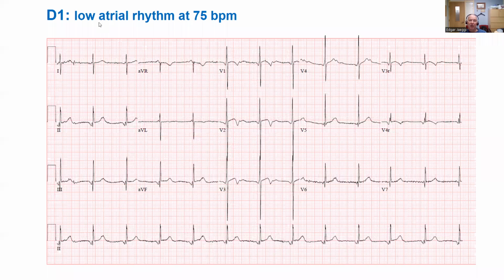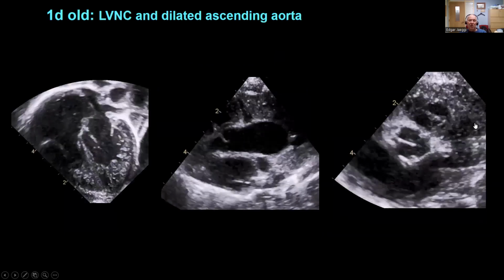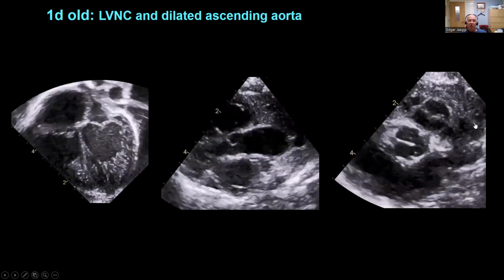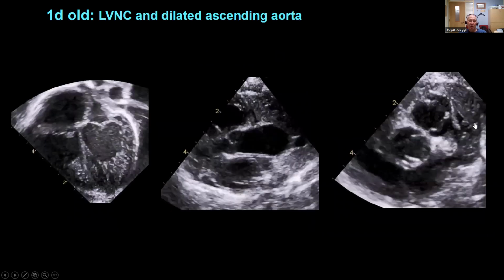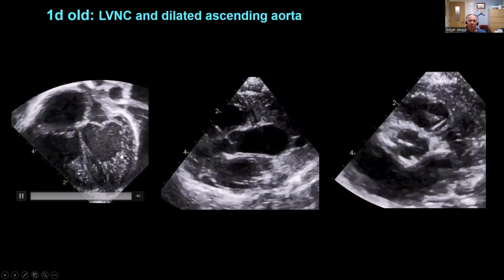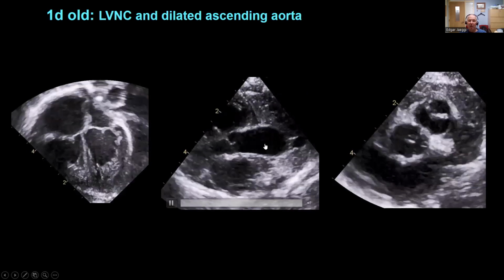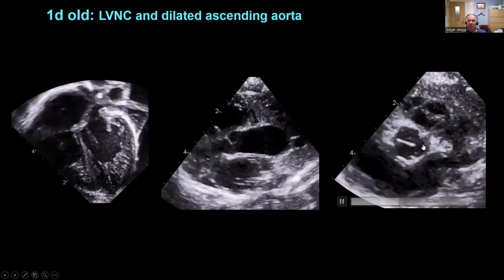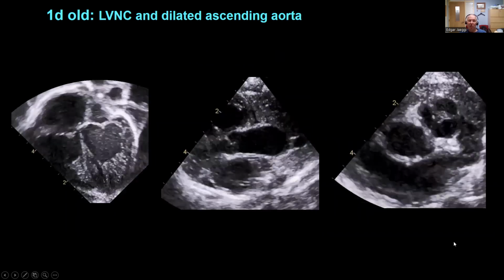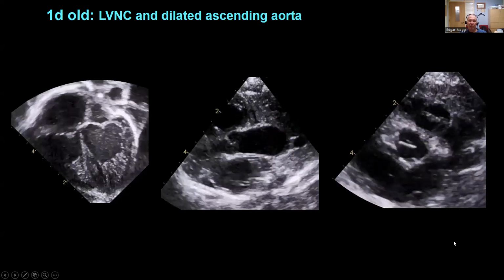The child is born and has a low atrial rhythm at 75 beats per minute, as shown here. This is the echo at 1 day of life, good cardiac function, but clearly hypertrabeculated LV and RV, dilation of the ascending aorta, and the aortic valve is trileaflet and not bicuspid as I had thought.